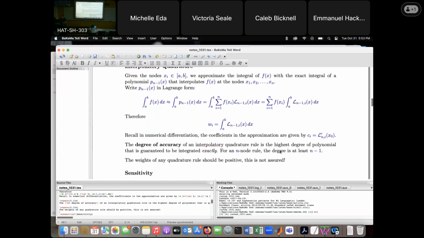Now, before I get to specific examples of interpolatory quadrature rules, we'll make a comment about sensitivity, because we talked about sensitivity last time with numerical differentiation. It was found on a simple example that the problem of numerical differentiation tends to be ill-conditioned, that the error increases as the spacing h goes to 0. So what about numerical integration?